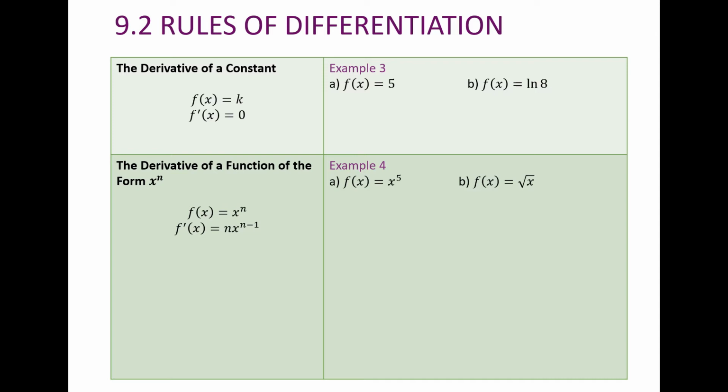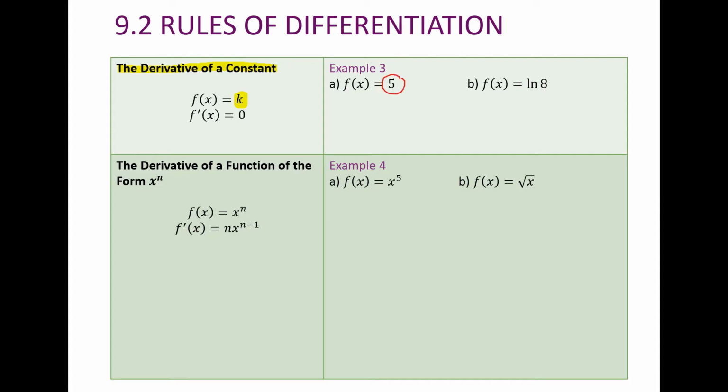The first rule of differentiation is the derivative of a constant. Whenever you have f(x) equal to k, where k is a constant, hence f'(x) is equal to 0. So let's look at example 3, question A, where f(x) is equal to 5.